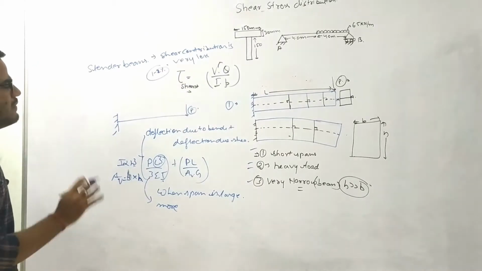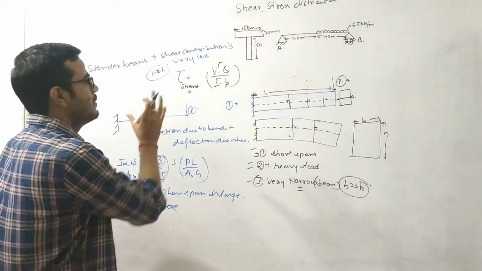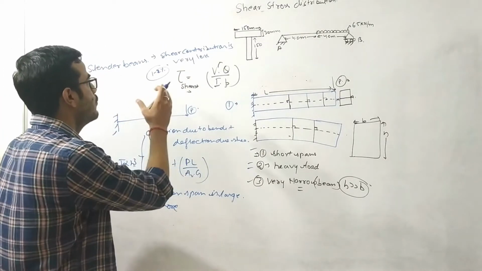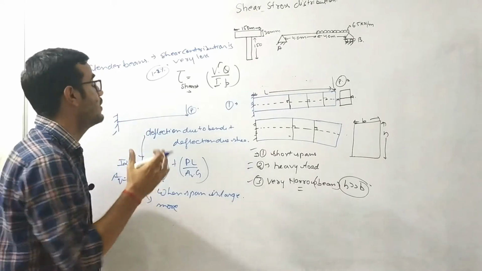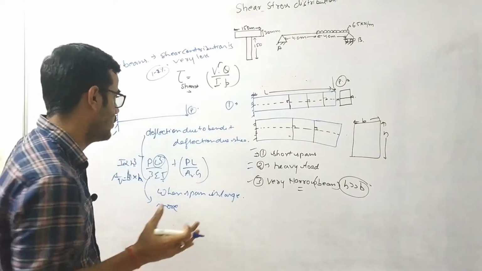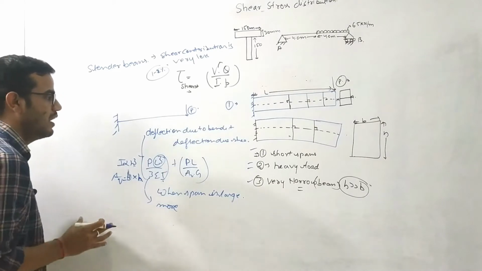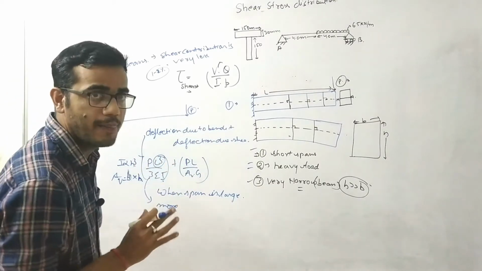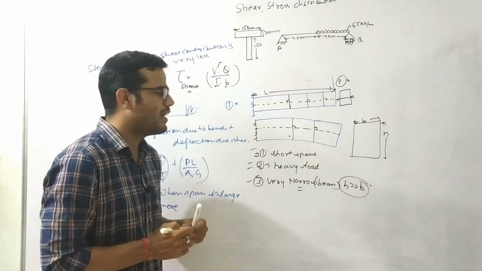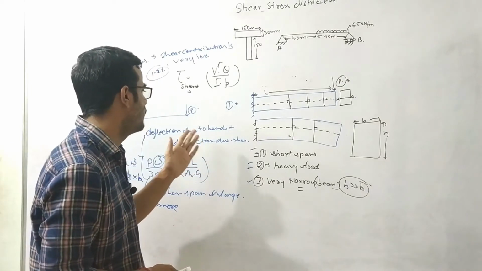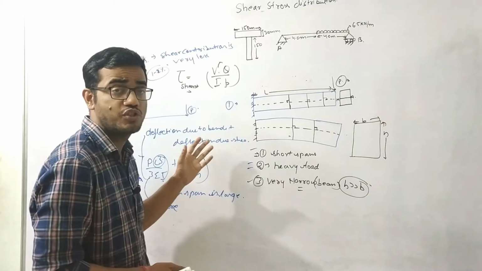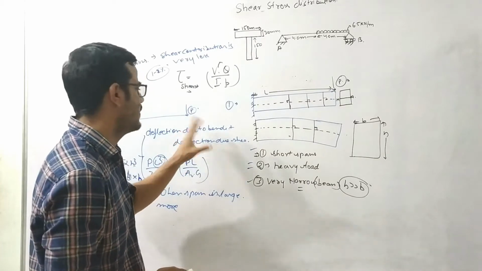In the previous lectures, I have calculated how much deflection we are getting through the shear phenomena, the deflection due to shearing. I have solved one problem over there, where we have seen that the deflection due to shearing is a very small percentage of the deflection due to bending.